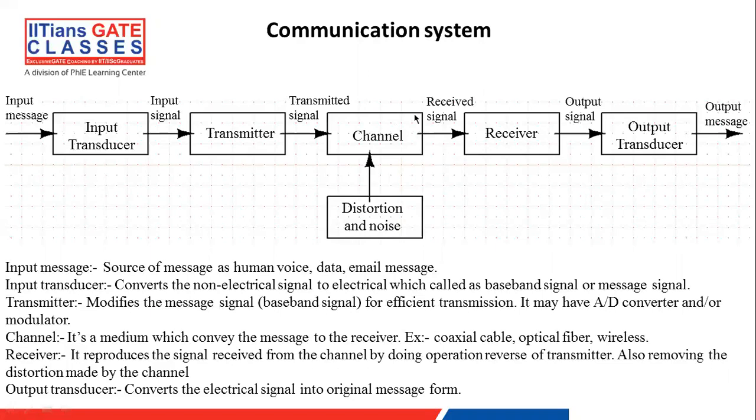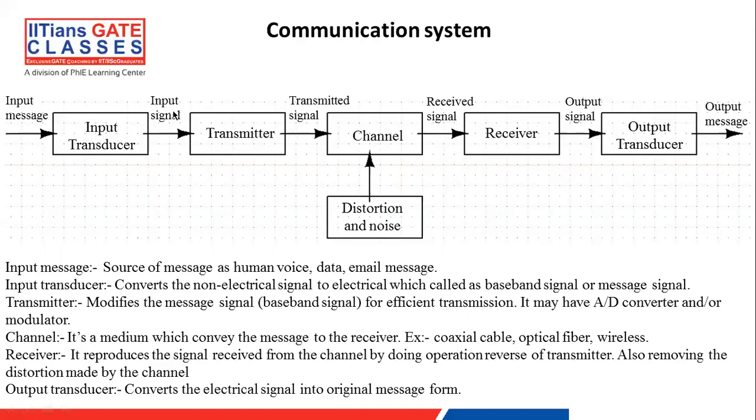Once it has traveled, it will reach the receiver. At the receiver side, we have a block called the receiver, which will do the operation just opposite of the transmitter to get back the electrical signal which is the input signal. So it will do the opposite operation of the transmitter and get an output signal which is the same as the input signal.